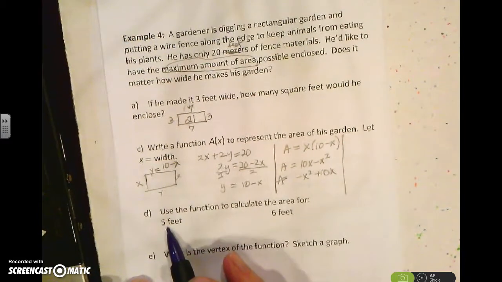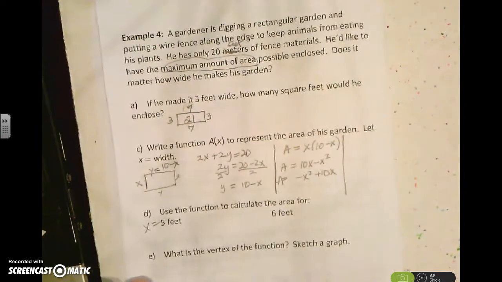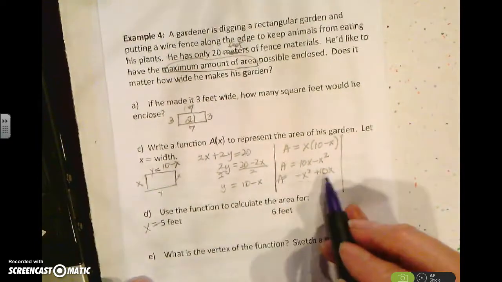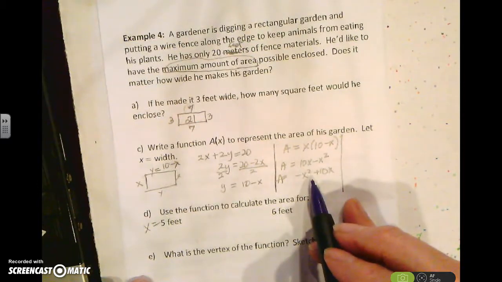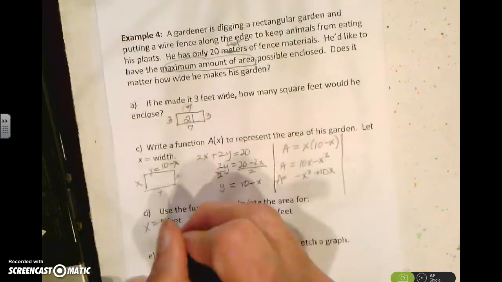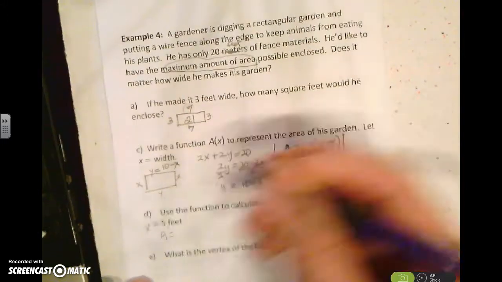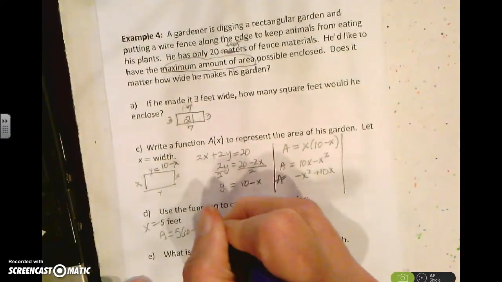All right, so use this function to calculate the area. So your choice, you want to calculate it if x is equal to 5. I can either plug it in here or here. Either place, I prefer here. So I'm going to say that the area is equal to 5 times 10 minus 5.